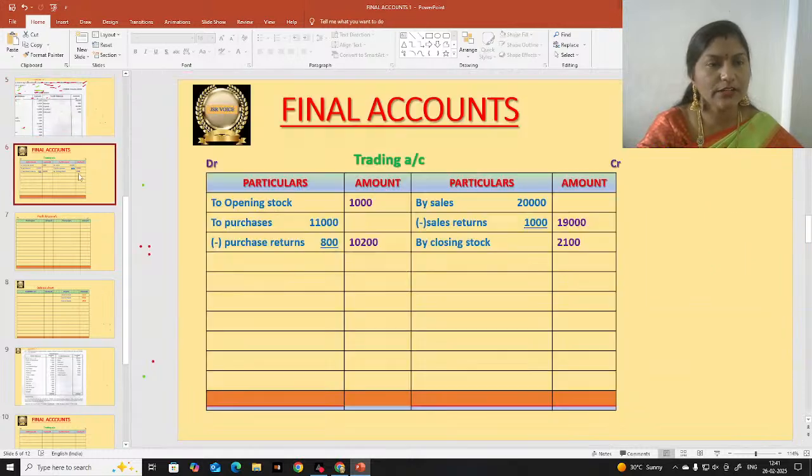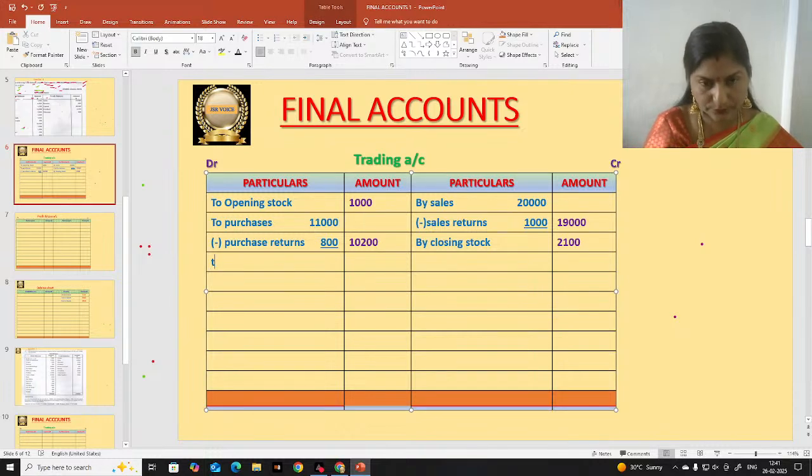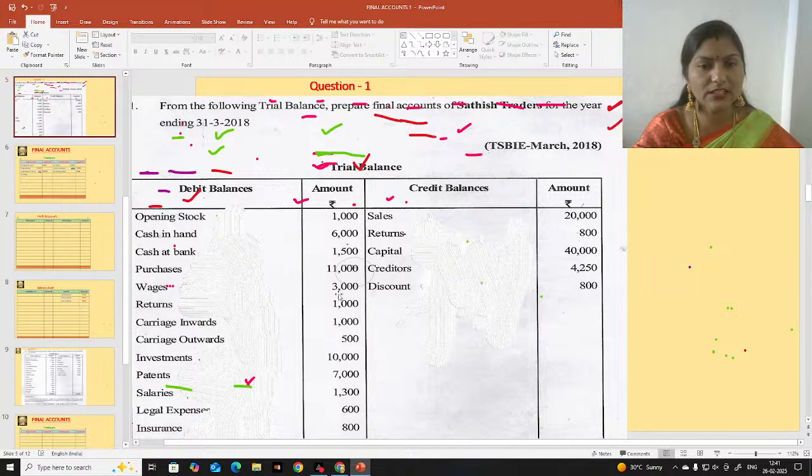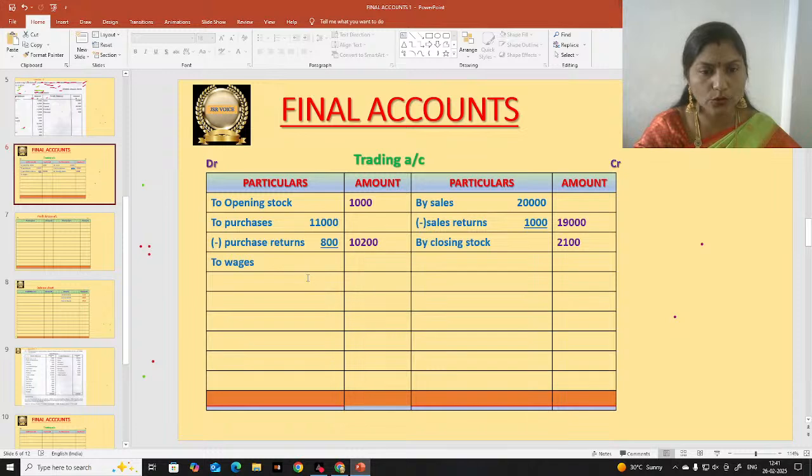Where do we write wages, students? In trading account. Let us record in the trading account, to wages. So wages, how much we have here? Wages 3000 and prepaid wages 500. Let us record both.